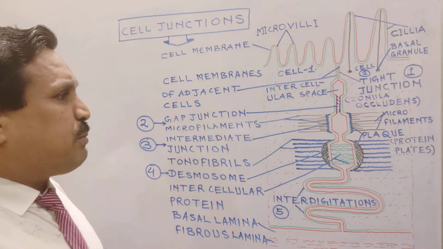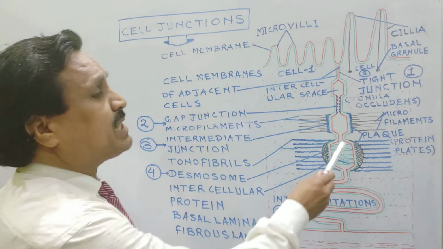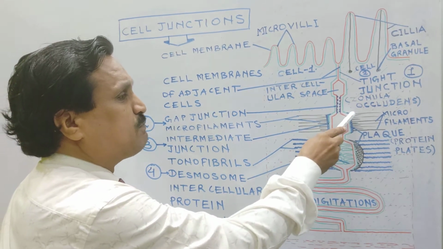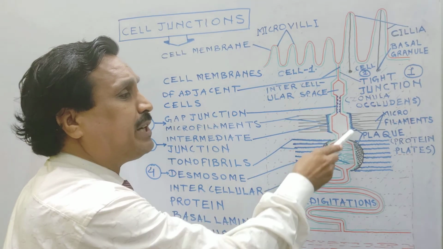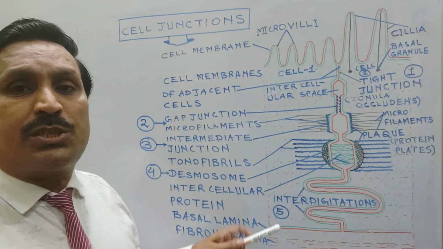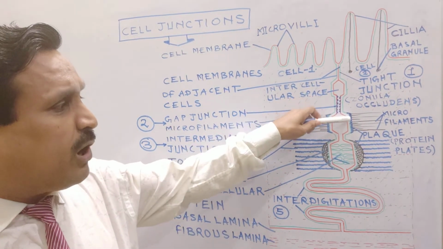The second important thing that you are visualizing here, that this blue dark line is showing a plaque-like structure. It is a plate of protein.